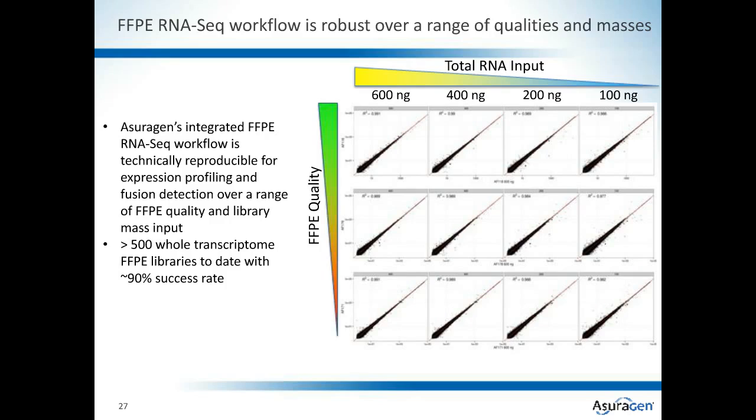What this plot is showing is the technical concordance in the first column between 2 600 nanogram duplicates, and in the subsequent columns to the right, we're comparing one of those 2 600 nanogram duplicates to a lower mass input. We can see that across this plot, the normalized coverage between these 2 duplicates is maintained with a high R squared across this range of quality and mass inputs. You can see there is a tailing off of those R squares, but they all maintain a level of 0.98 or greater.